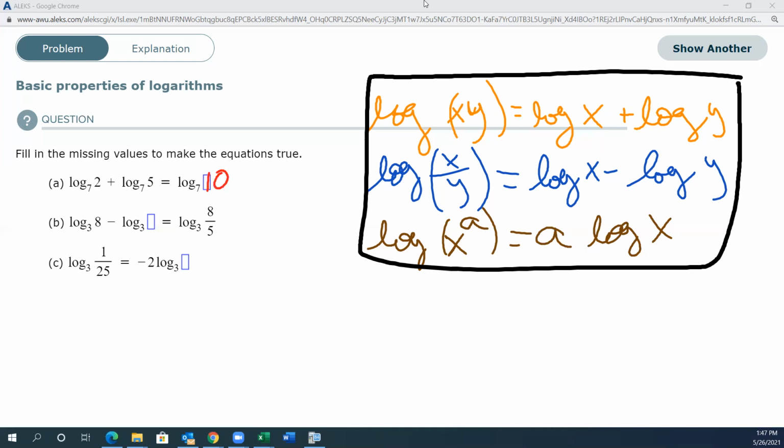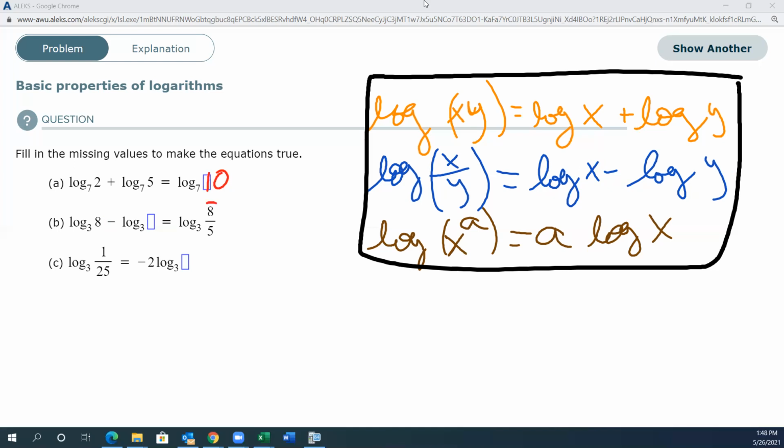Okay. What about the second one? Well, it's similar, except now I see the subtraction of logarithms. So it looks like we're going to be doing the subtraction rule here. It says that if you have one log minus another log, you just do the first argument divided by the second argument.